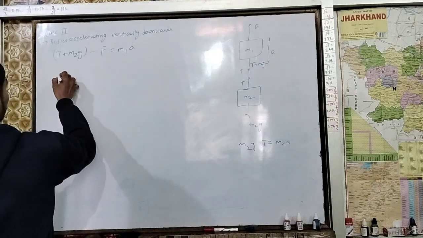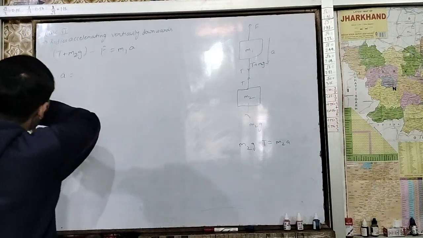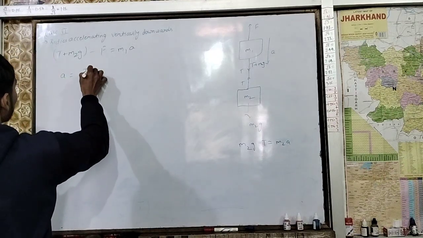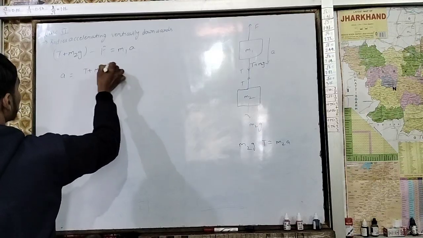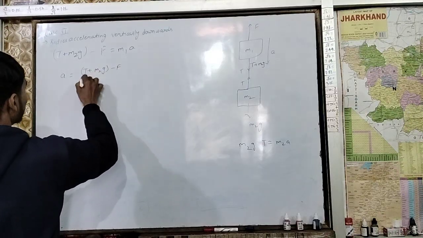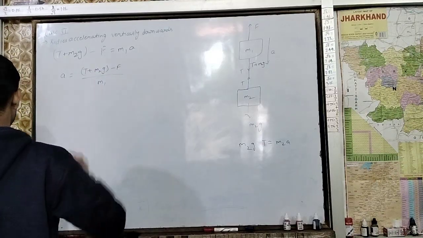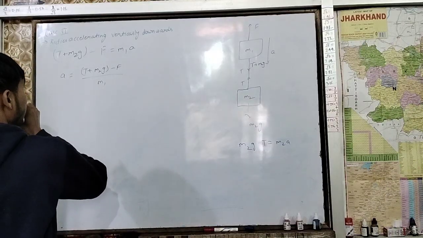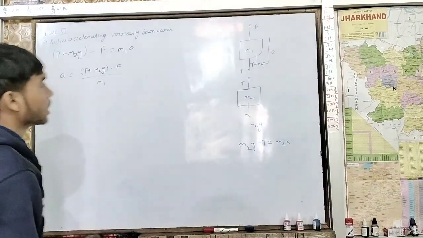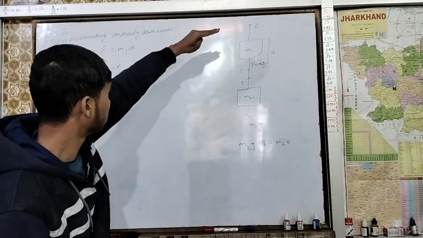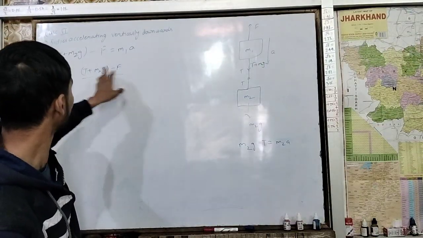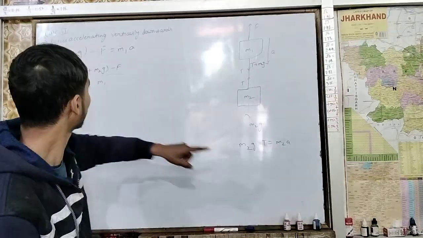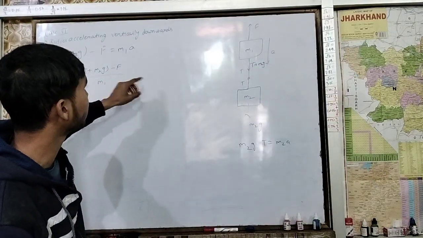Acceleration will become T plus m2z minus F upon m1. Remember, downward force, so T plus m2z, minus upward force.